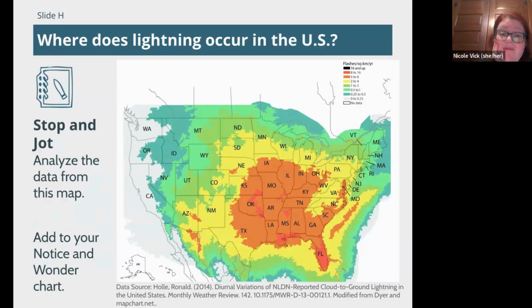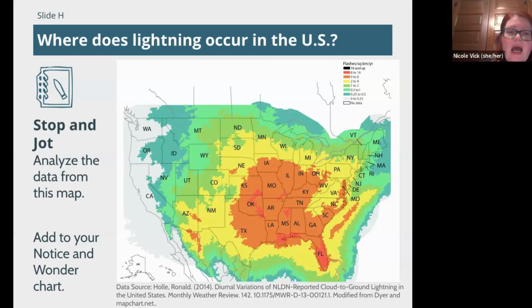So go ahead and find your state, think about the colors, and what do you notice about that? When we look at the different colors, that's the flashes per square kilometer per year. So it's measuring this density, or how often the lightning is occurring in specific places.